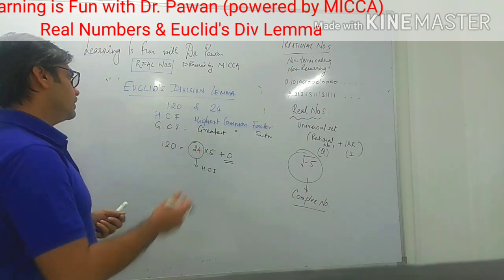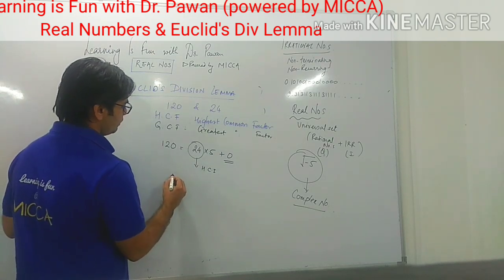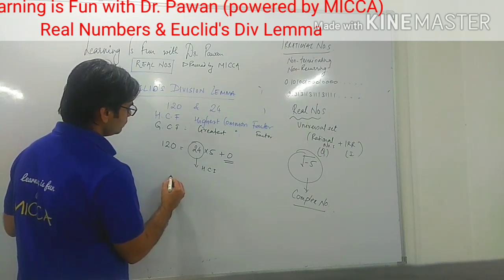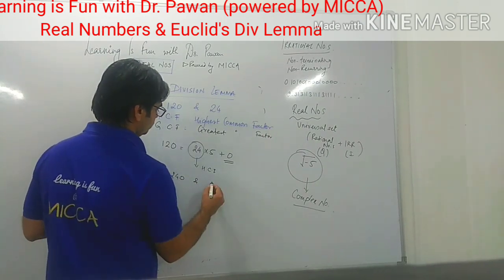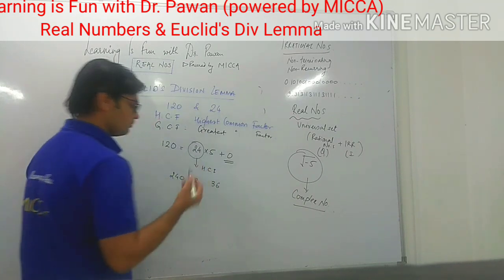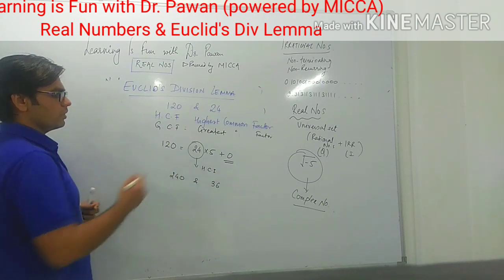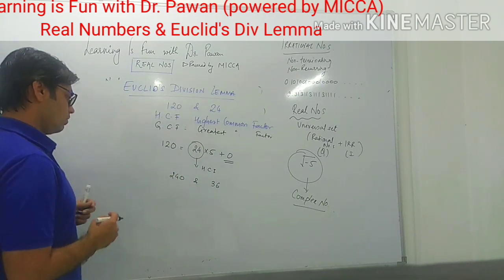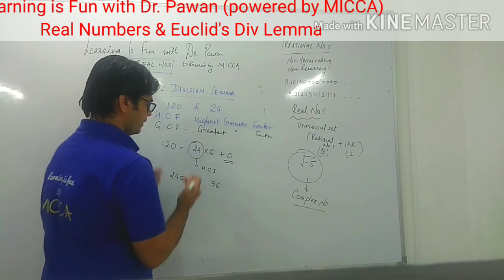Now this was very simple. Let us take another example. Let us find the HCF of 240 and 36. So we have to represent 240 in terms of 36.